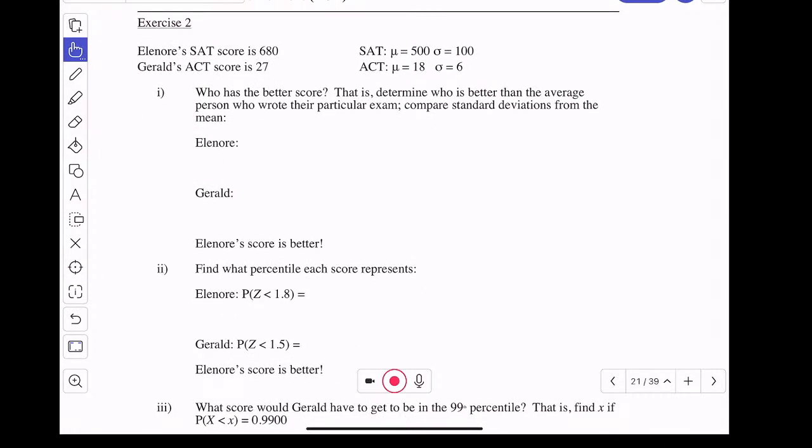So Eleanor got 680 on a test that has, among hundreds of thousands, if not millions, of individuals having taken it, a mean of 500 and a standard deviation of 100. Gerald took the ACT, a different test. His score was 27, where the mean is 18 and the standard deviation is 6. So both are above the mean, but I want to see who's the better student.